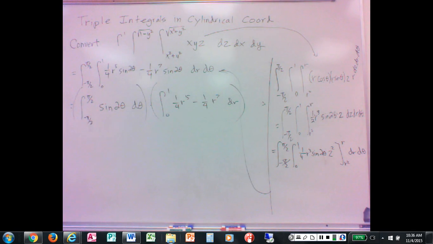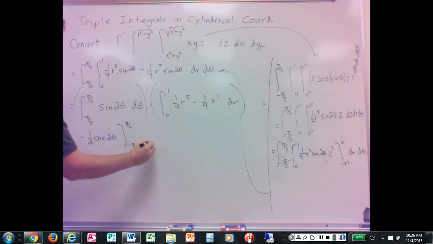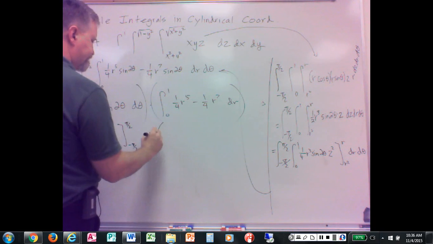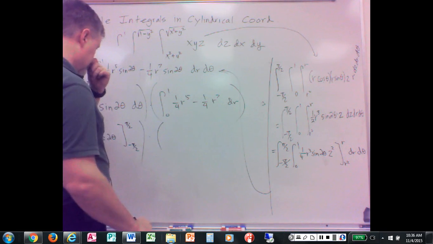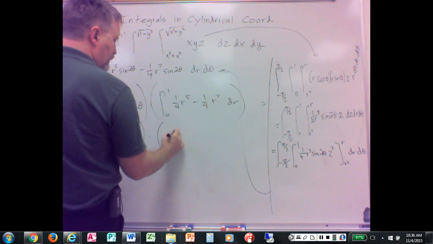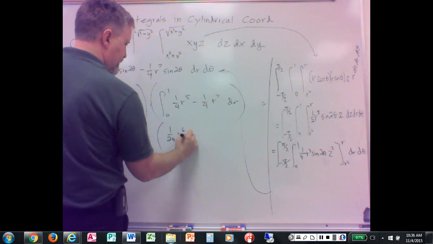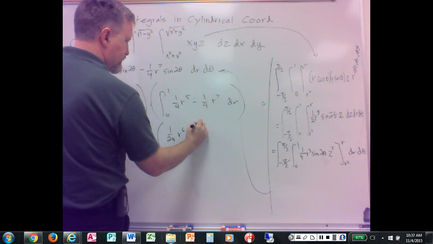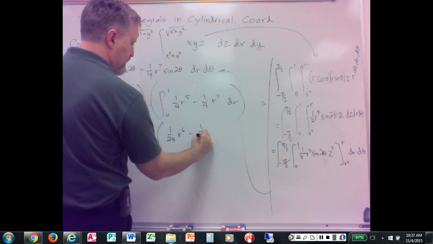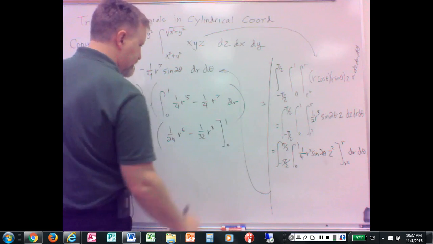Can't always do that. All right, so that'd be negative a half cosine of 2 theta, and negative pi over 2 to pi over 2, times this would be 1/24 r to the 6th minus 1/32 r to the 8th, 0 to 1. That's going to be easy.